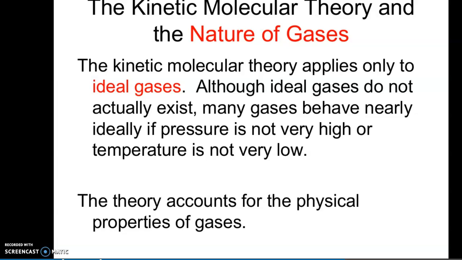The kinetic molecular theory applies only to ideal gases. But as we have discussed earlier, ideal gas is only a theoretical concept. In the practical world, there is no existence of an ideal gas, because gases can behave nearly ideally only at high pressure or very low temperature.